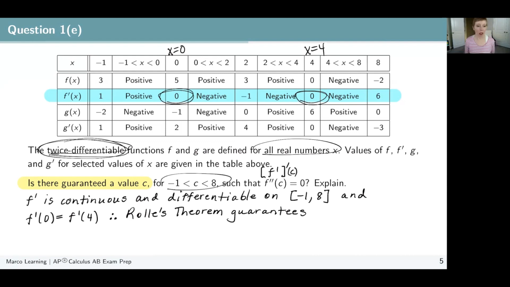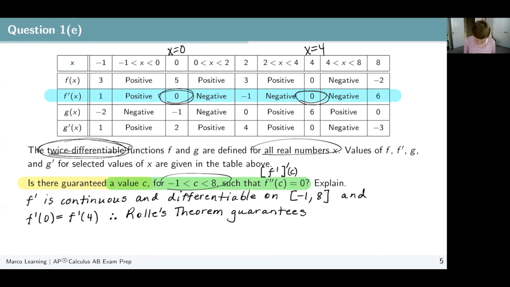And if you're having any doubts about how to phrase your conclusion properly, so you include everything you need to say and you're using proper notation, oftentimes you can phrase it exactly the way it's presented to you in the problem. Here, we were asked, is there guaranteed a value C? So Rolle's theorem guarantees, and I'm just going to use this word for word, notation for notation, as my conclusion.